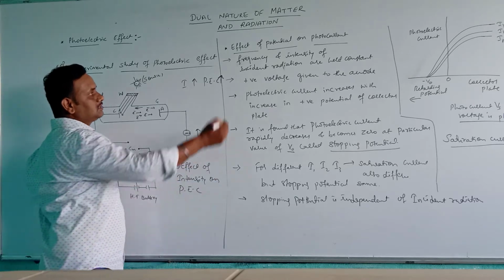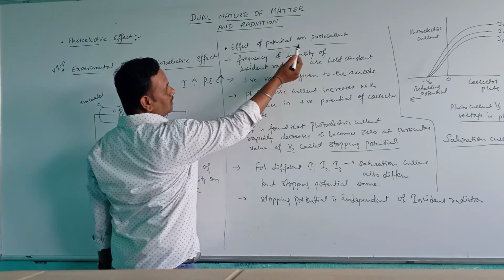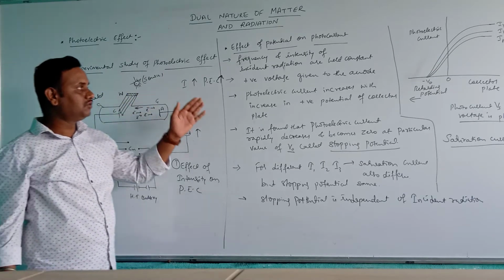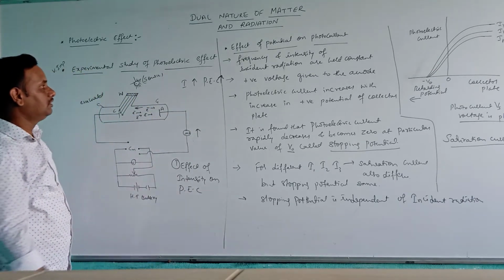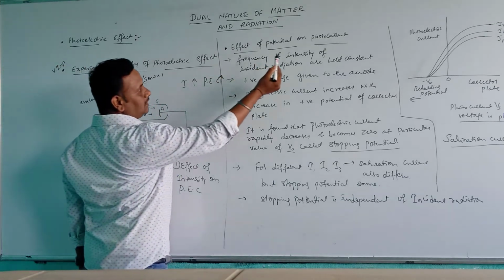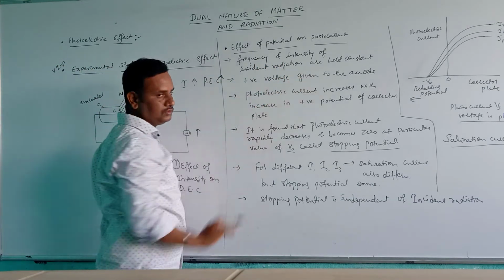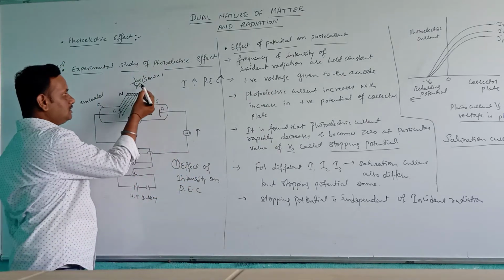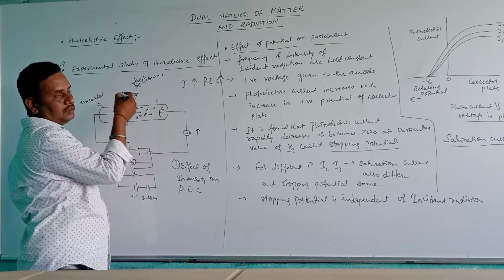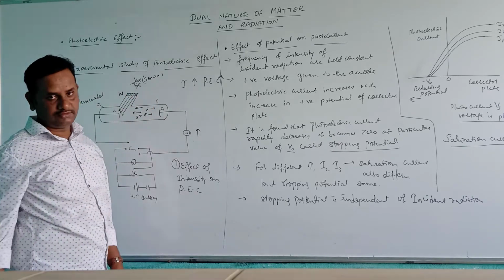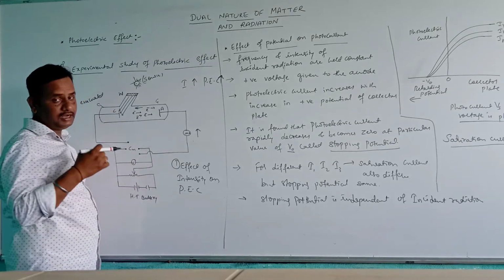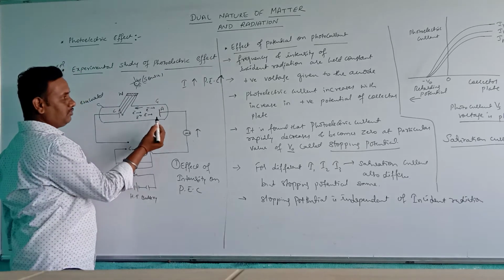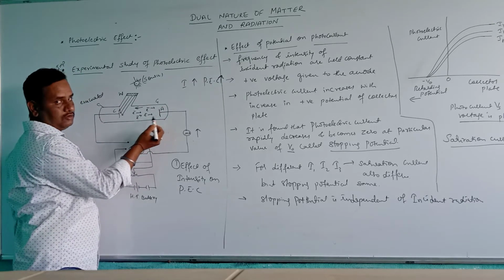Now in today's class, we are going to discuss the effect of potential on photocurrent. How is the potential going to affect the photocurrent? Here, the frequency and intensity of the incident radiation are held constant, that means kept constant, the frequency of the source and the intensity of the incident radiation, and a positive voltage is given to the anode.